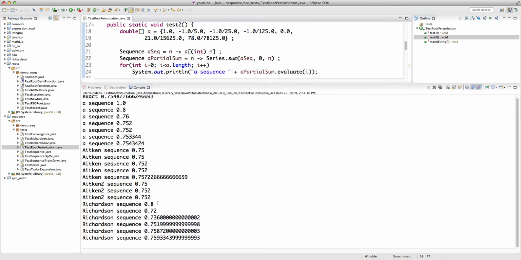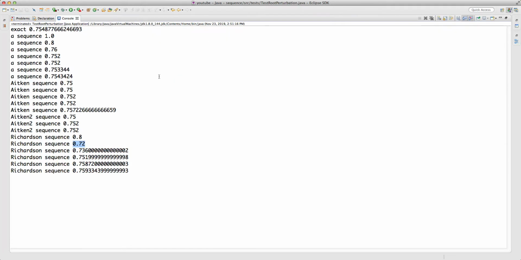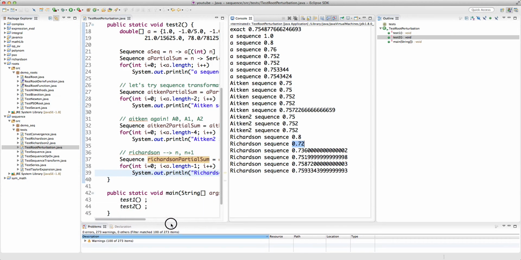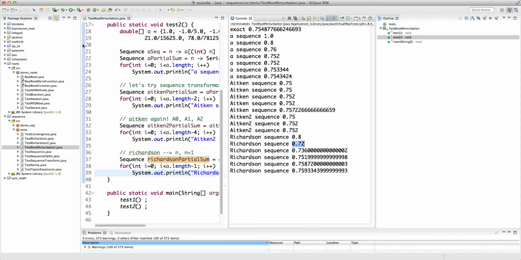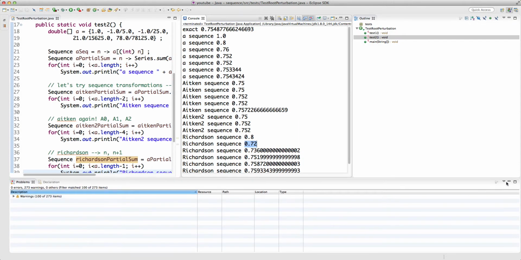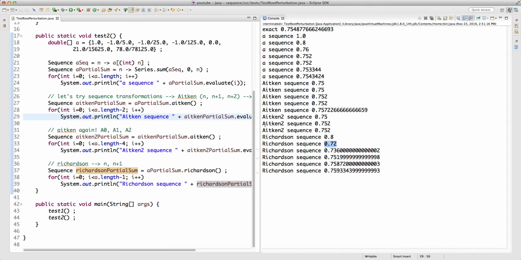Okay, so Richardson starts from 0.8 and then 0.72, and let me see if I can put this here, for example. Let's minimize this, and also minimize this. All right.